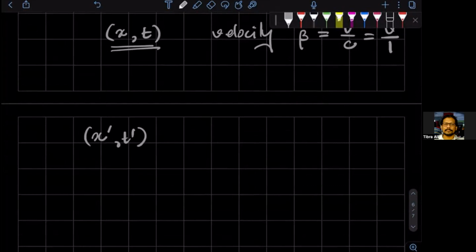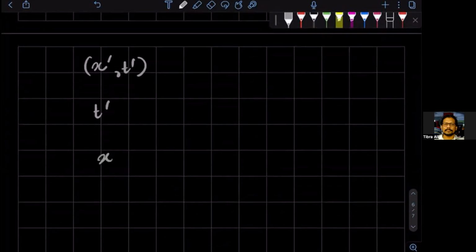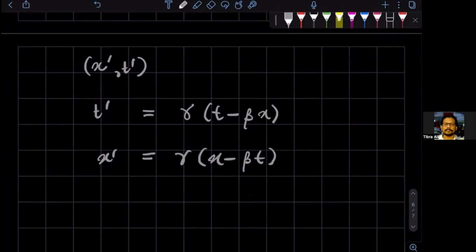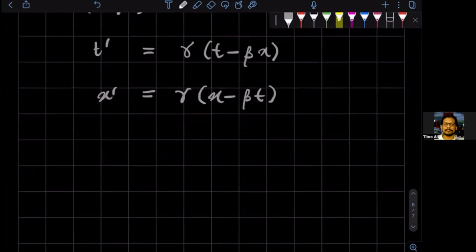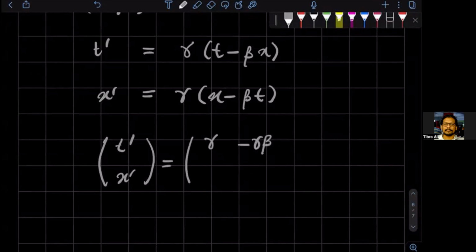Then x prime and t prime is related to the original coordinates x and t by a linear transformation, which is of the form gamma times (t minus beta x), and then gamma times (x minus beta t), okay? And this you can write as (t prime, x prime) equals a matrix with entries gamma, minus gamma beta, minus gamma beta, and gamma, acting on t and x.